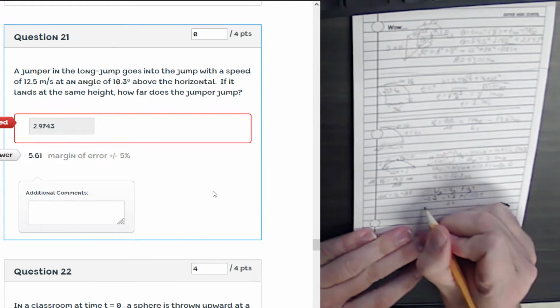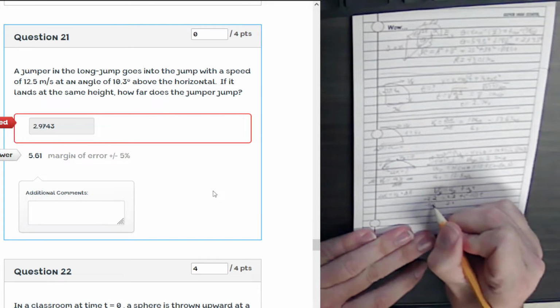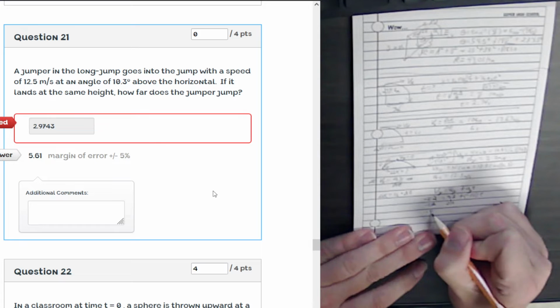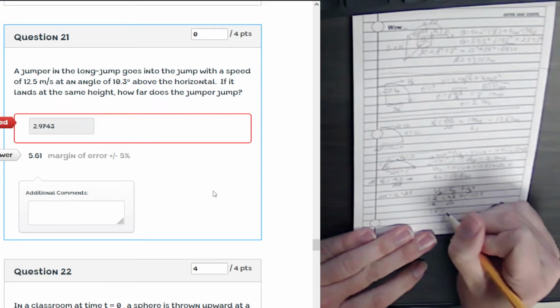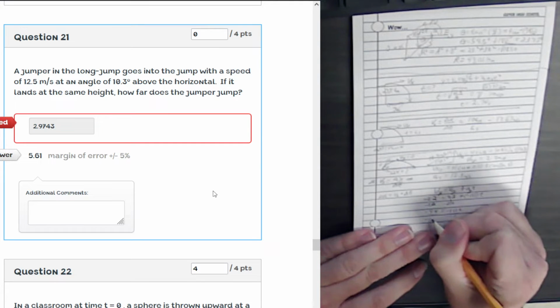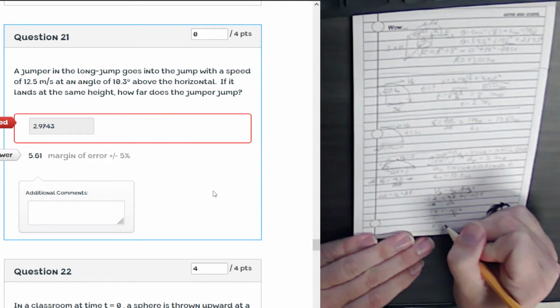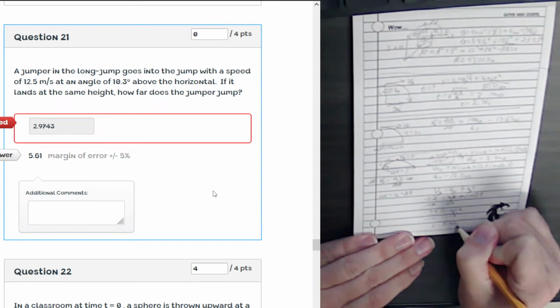So I'm going to subtract 2.2 from both sides. Now to cancel. So here we get -4.4 equals -10t. Divide both sides by -10, and we get t equals 0.44 seconds.